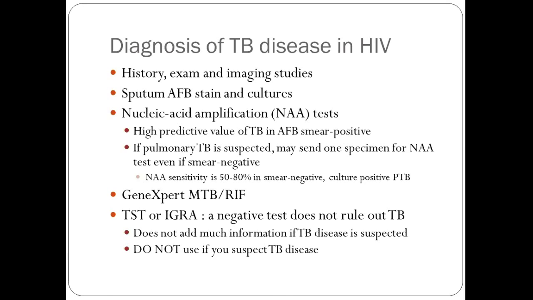So the other thing is that, well, we may talk about this a little bit more the next time, but we also have the capability in most of the states to do MTB and rifampin, the GeneXpert, that will not only give you a positive result for presence of MTB, but will also check for a particular mutation that will be associated with resistance to rifampin.